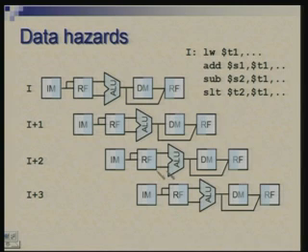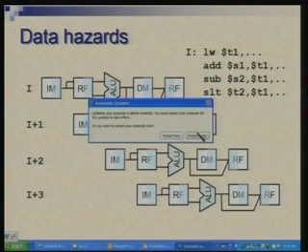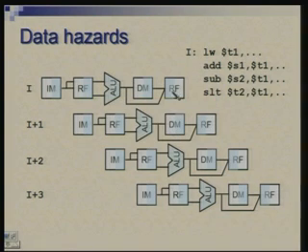time cycle. Notice that in this representation the horizontal axis is the time axis. So, this represents one particular time slot, and the data which this instruction produces is available after this cycle. Now, the next instruction, which is the add instruction, would normally like to read the operands in this cycle from the register file, and this is happening earlier in time.